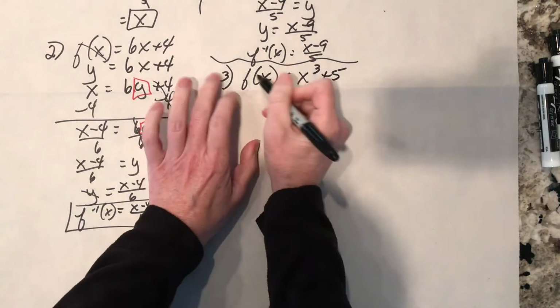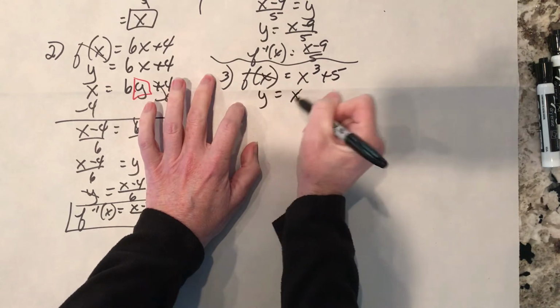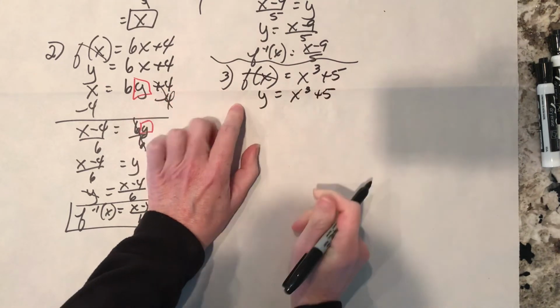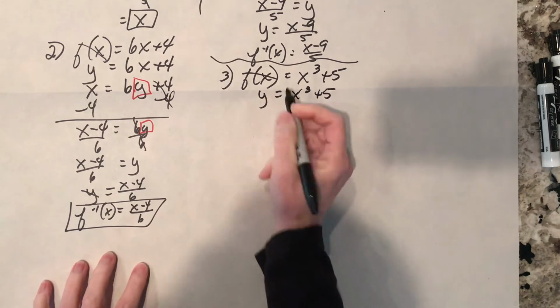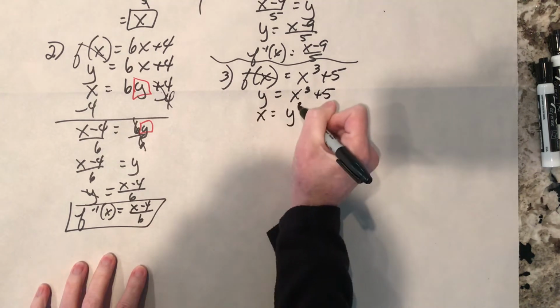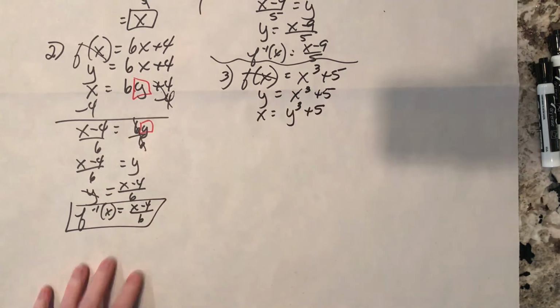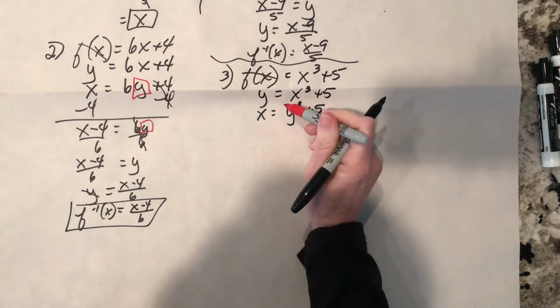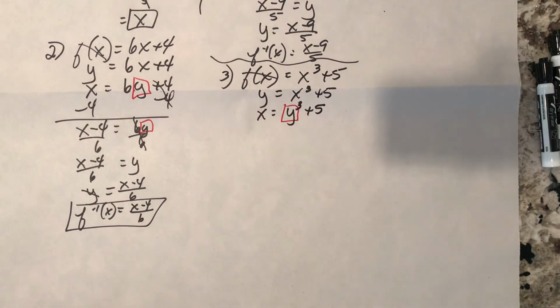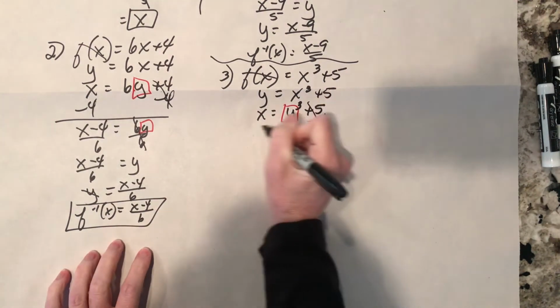So again, let's rename this with a y. Let's swap out the x and the y. And then remember, your goal is to get y isolated. Move the 5 over.